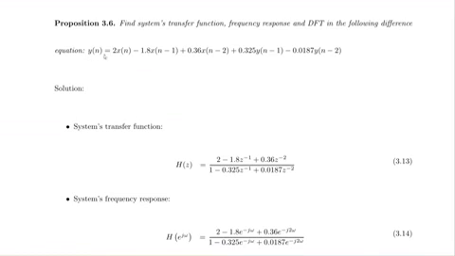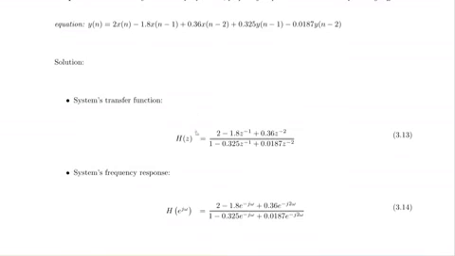Okay, y of n is equal to 2x of n minus 1.8 x of n minus 1 plus 0.36 x of n minus 2 plus 0.325 y of n minus 1 minus 0.0187 times y of n minus 2. Solution.